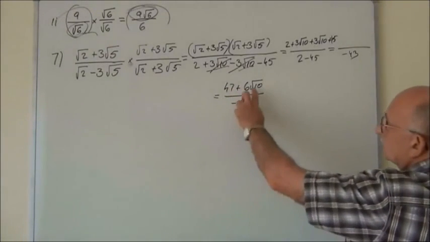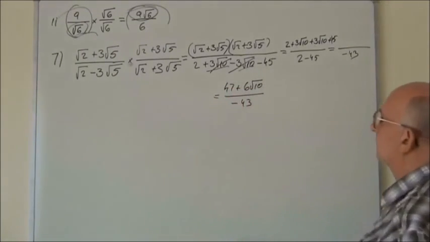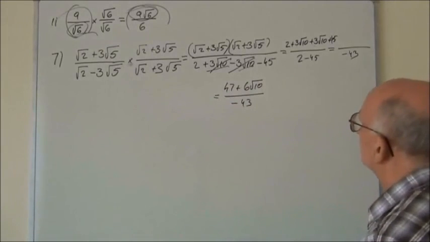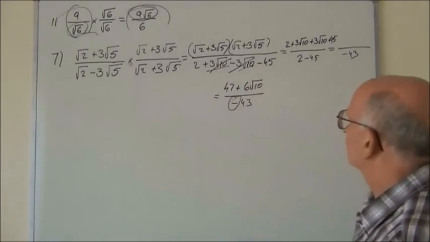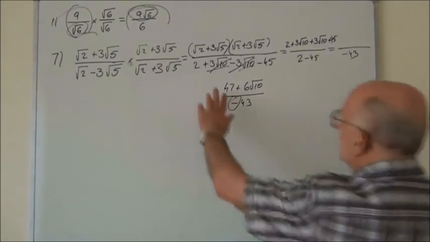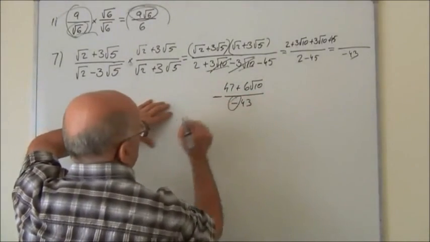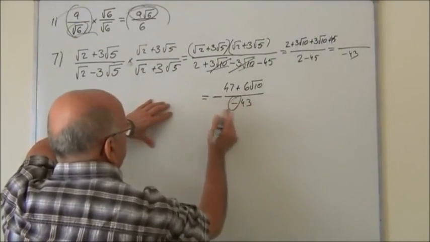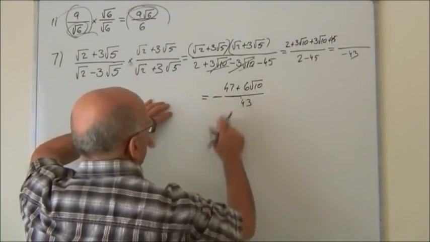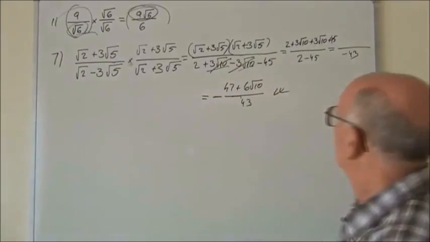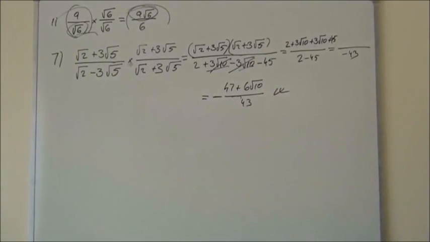Of course, we can't take anything common, we can't simplify anything. The only thing, don't keep that minus here. Instead, that minus is better to write at the level of the fraction line, and then that would be our final answer.